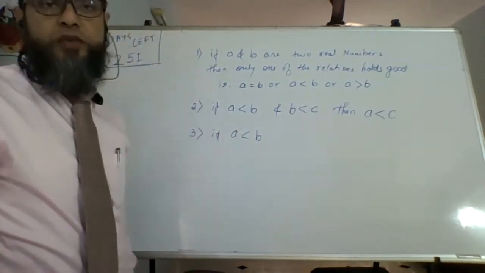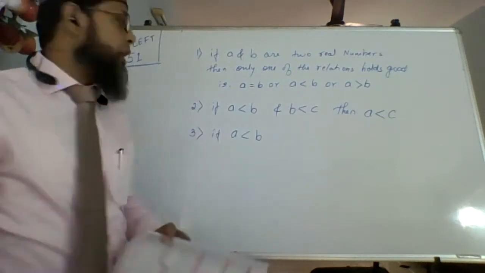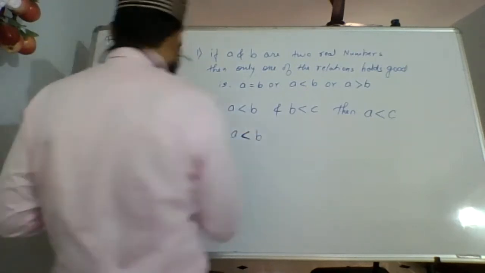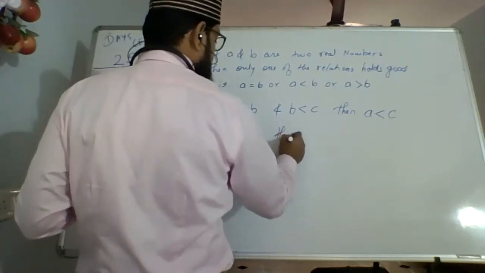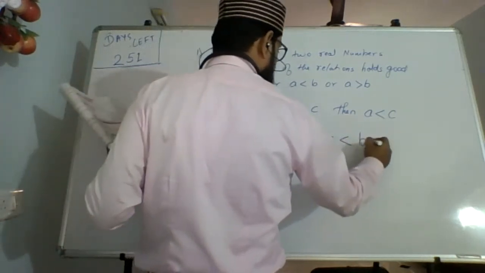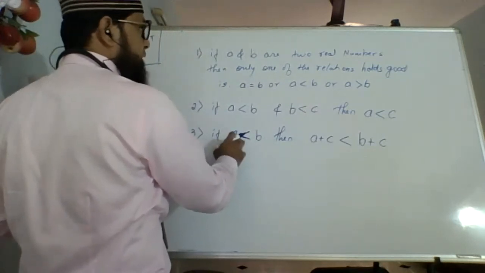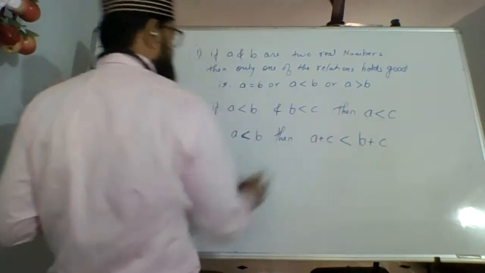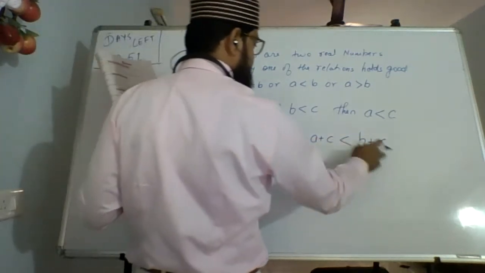In the next case, if A is less than B and to both sides you add a number, the inequality does not change. ये sign को बोला जाता है inequality. दोनों साइड में same अगर add कर रहा हूं तो A plus C will be less than B plus C. For example, 2 and 5 I took. इनमें अगर 3 add करूं, 2 plus 3 will be 5, 5 plus 3 will be 8. Again, this will be lesser. So that is what it says. If A is less than B, then A plus C is less than B plus C.